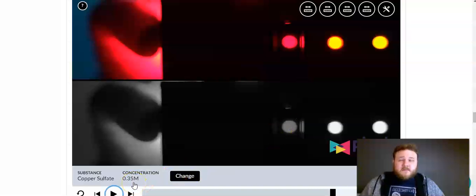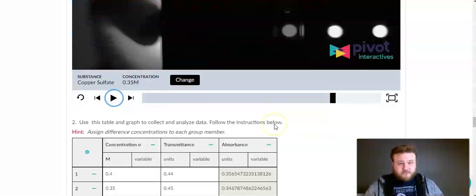The reason I use the red light is because I'm using copper sulfate, and the red light had the most absorbance because it had the least percent transmittance. So I'm using red light for copper sulfate. If I was using the cobalt solution, I would be using the blue light.